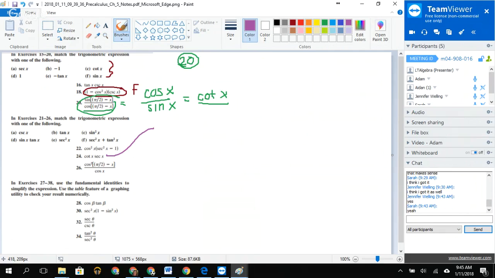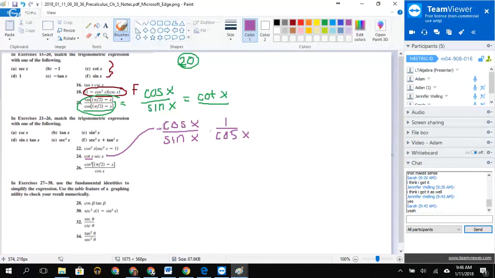So what I mean by that is I see the cotangent of x here, but instead of dealing with the cotangent of x, I'm going to write that as the cosine of x over the sine of x. And when I see the secant of x, I'm going to rewrite that as 1 over the cosine of x. So I'm basically putting everything back to the original three: sine, cosine, tangent.